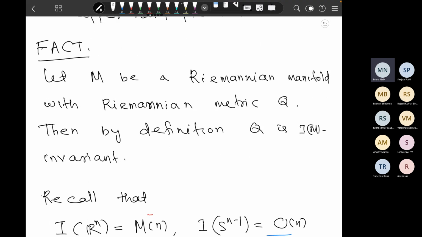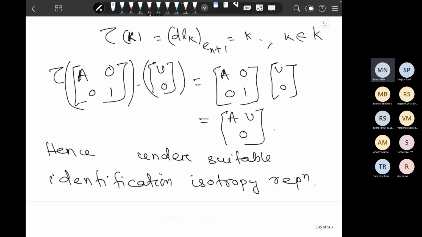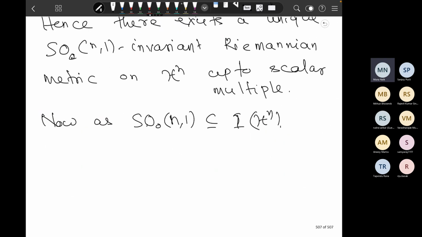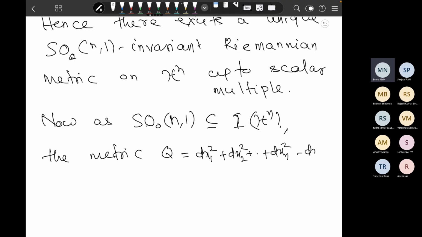Yeah. So if you take this M and suppose M is a Riemannian manifold with a metric Q, then by definition Q is the Iso(M)-invariant. Okay? And here the metric was dx1 square plus dx2 square plus up to dxn square minus dx_{n+1} square. Now this metric Q, which is dx1 square plus dx2 square plus dxn square minus dx_{n+1} square restricted to Hn, is SO_0(n,1) invariant.